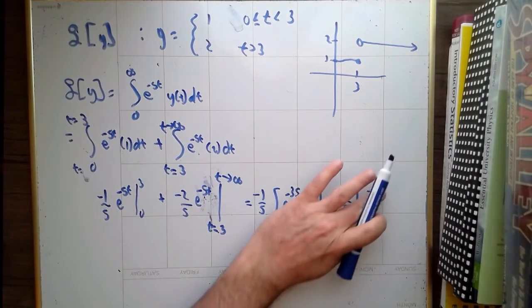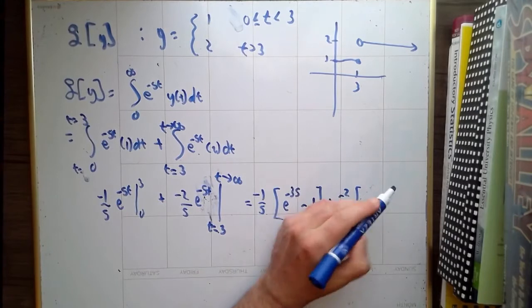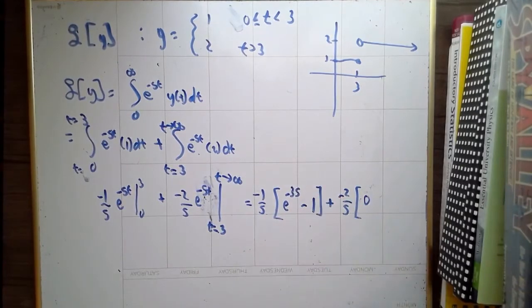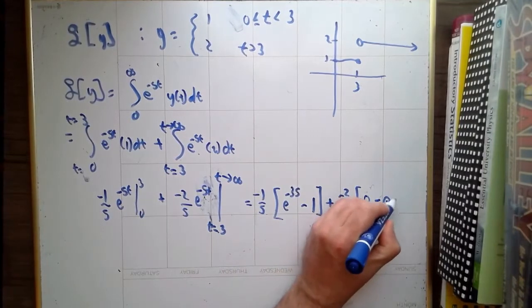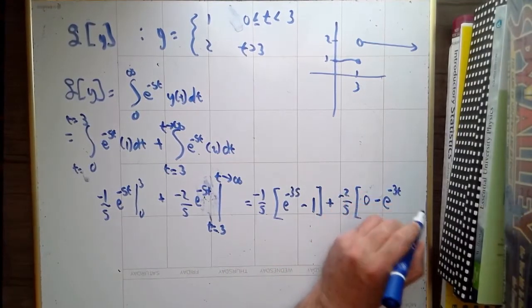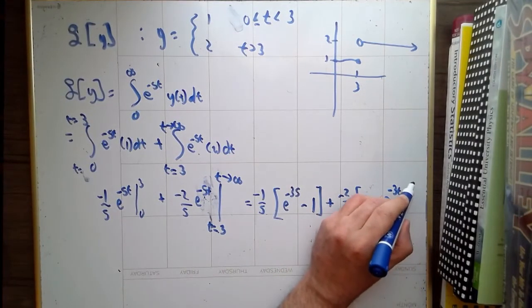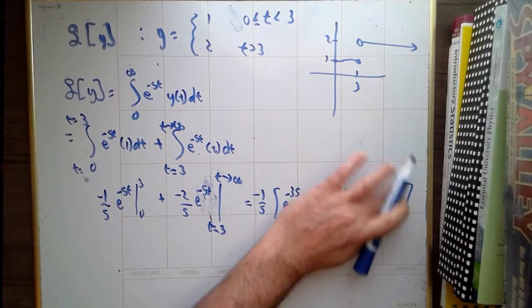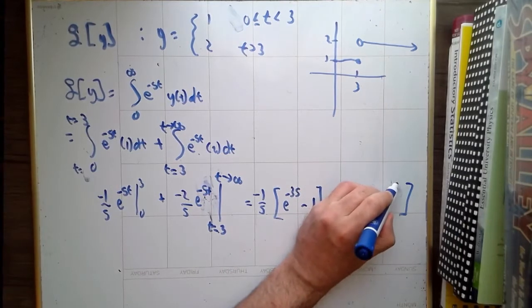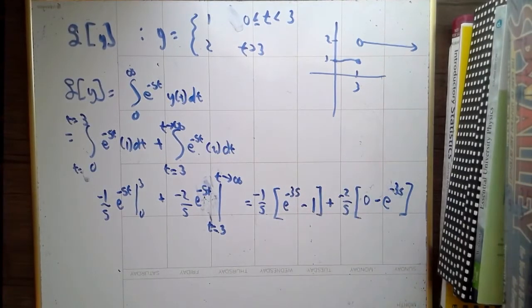The exponential is going to win. This first term is going to go to 0. Minus, and then plug in the bottom, e to the negative 3s. I have a habit of wanting to do that. We're plugging in t equals 3.